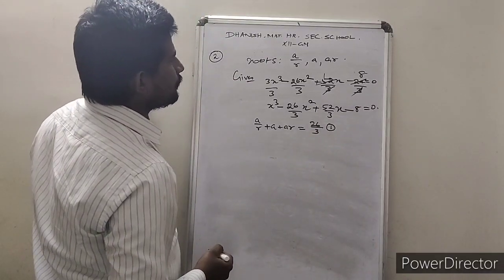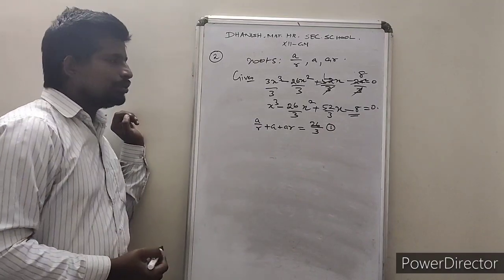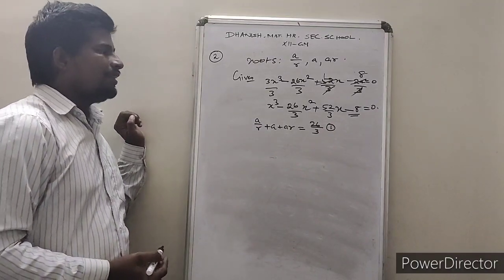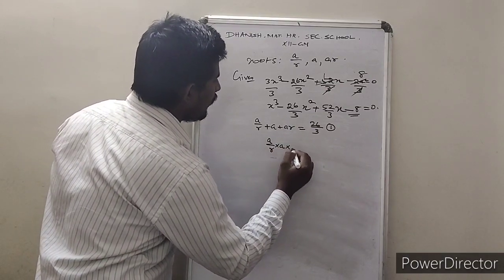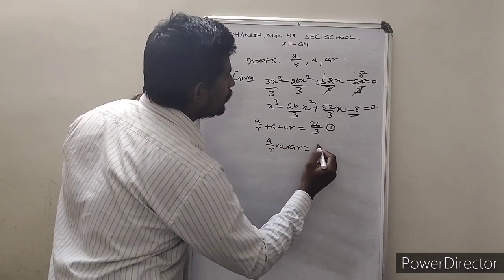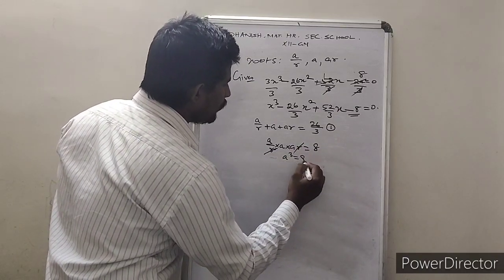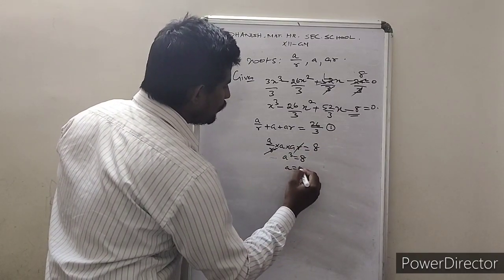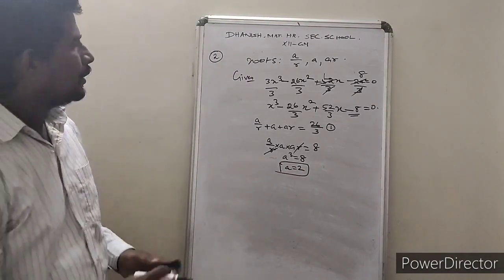Then this value is equal to the product of the 3 roots: a by r into a into ar equal to 8. r will get cancelled, a cube equal to 8, a equal to 2. We got our a value.